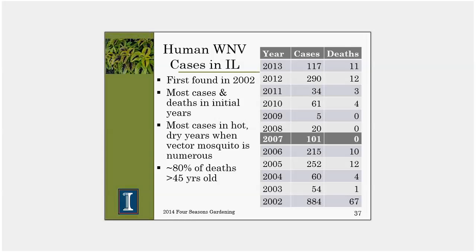Now, think about what the summers were like, particularly two years ago in 2012. Hot and dry. Twelve people died in the state of Illinois. A very conducive year to the northern house mosquito. Think about the weather we had last year, 2013. It was very wet the first half of the summer.